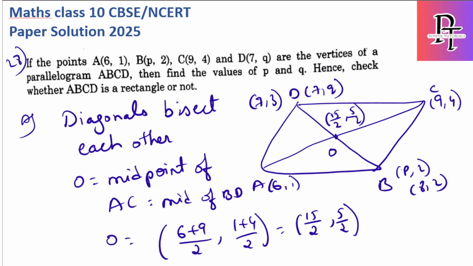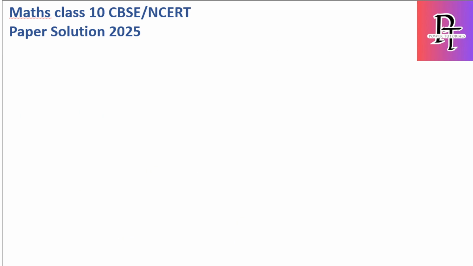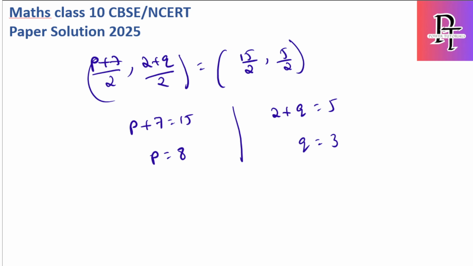Now we need to check whether this is a rectangle or not. So for a rectangle, what is the condition? Opposite sides are equal and diagonals are also equal. So we need to find all the 6 sides, I mean 6 distances. Let's find one by one.